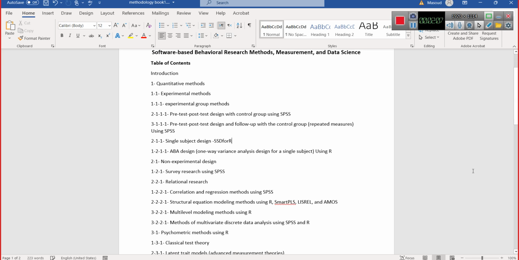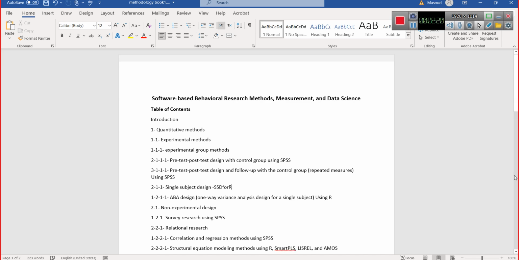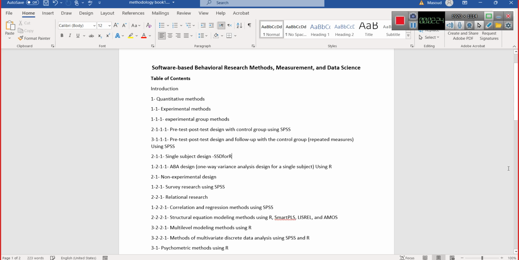So it's not something different from quantitative research design. So I unified all of these methodologies together in three branches of quantitative methods, qualitative methods, and mixed research method design.